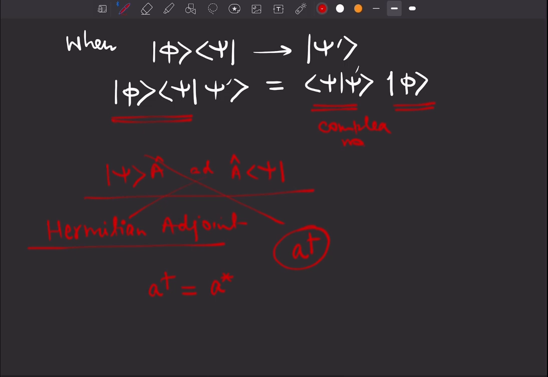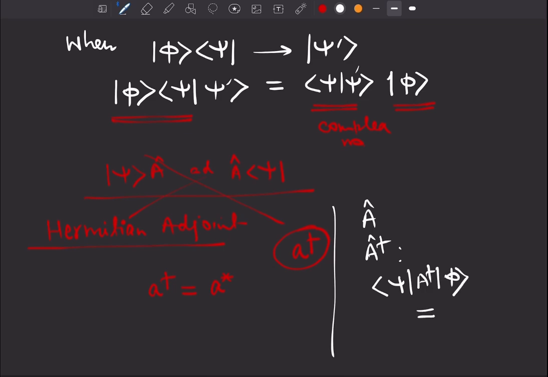Suppose we have an operator A. So the Hermitian adjoint of this operator, A dagger, is defined by bra psi A dagger ket phi is equal to bra phi operator A ket psi, complex conjugate.